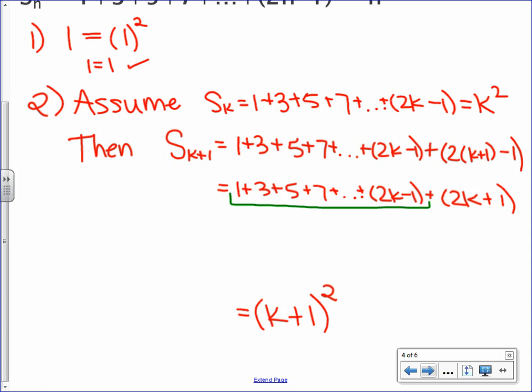What does that represent? Or do you see that somewhere else on our page? That is the same as this right here, right? And what do we know about it? It equals k squared. So we can go ahead and replace that as k squared.